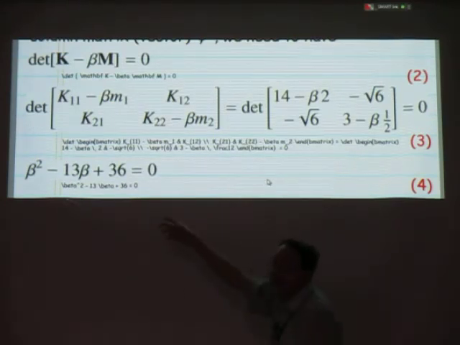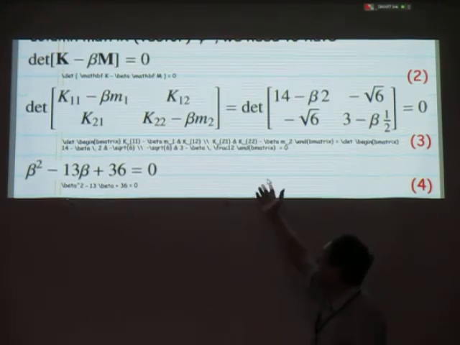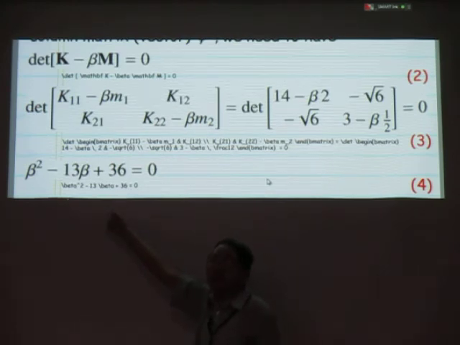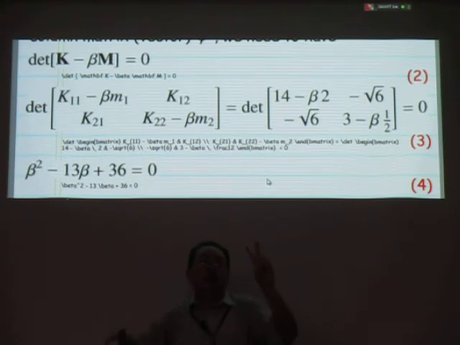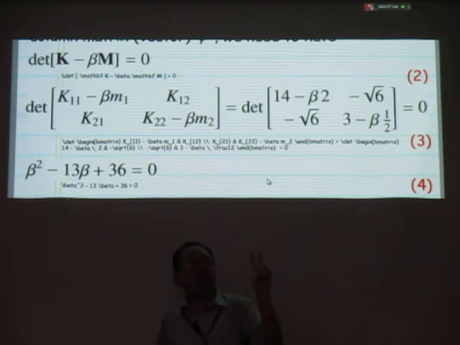You can multiply out, you can see that it has to be a quadratic equation in beta. So when you solve this quadratic equation, you have two roots, right? 2 solutions. So these are the 2 eigenvalues, beta 1 and beta 2.